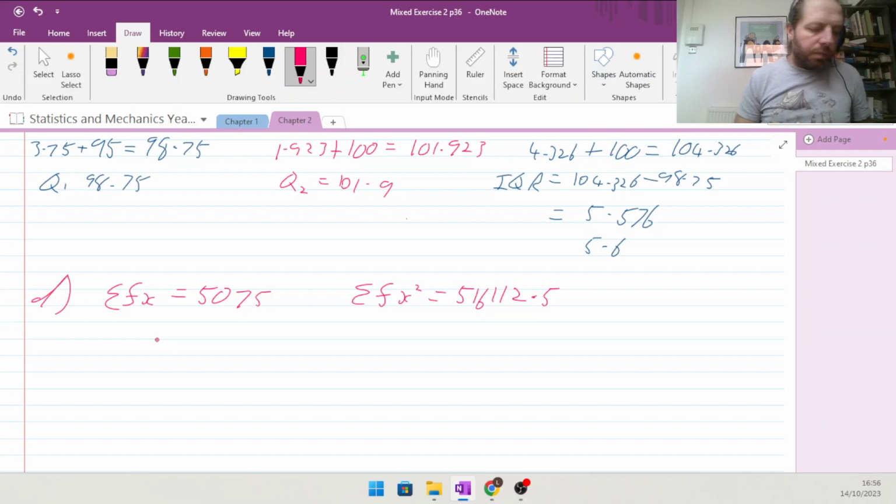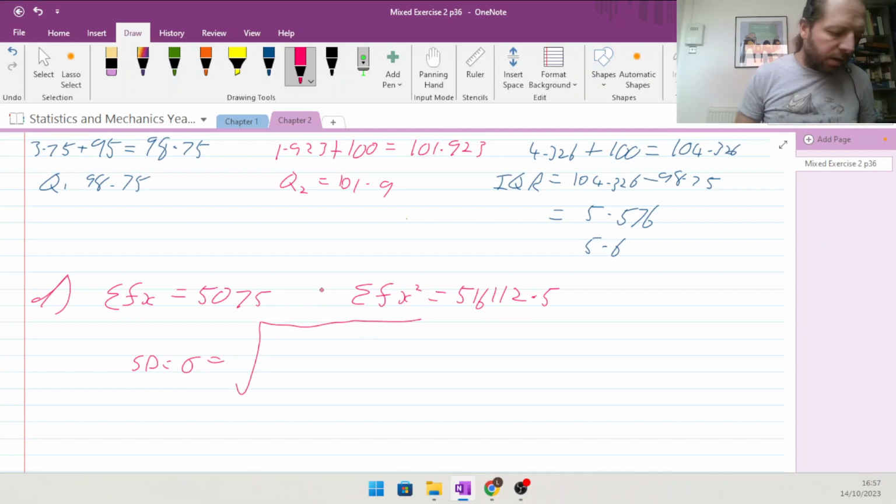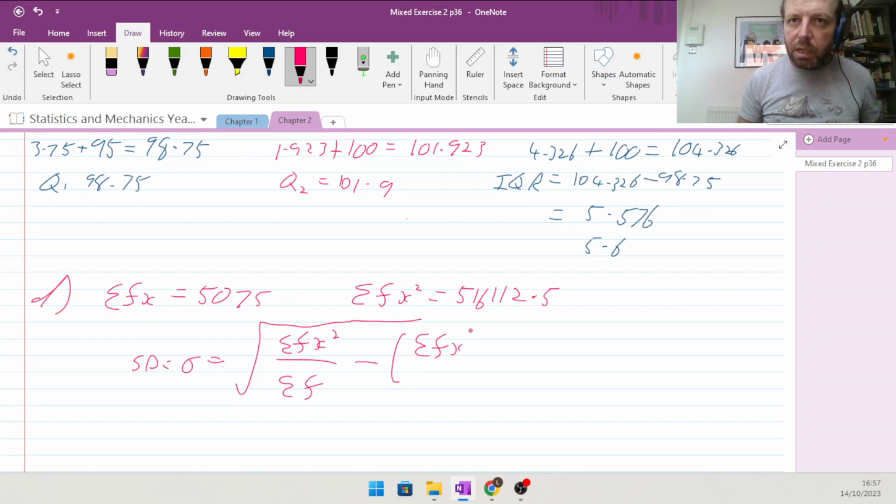Okay, so your standard deviation is equal to sigma, and it is equal to the square root of the sum of fx squared over the total amount, minus brackets sum of fx over the total, squared.